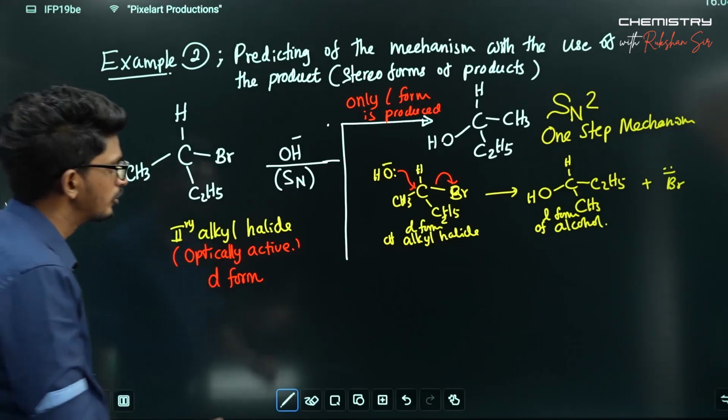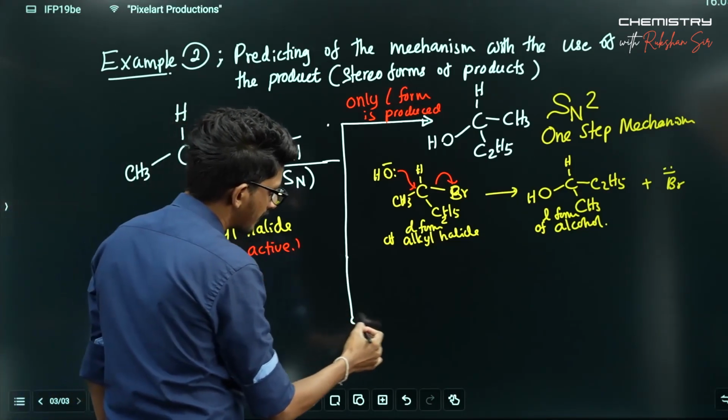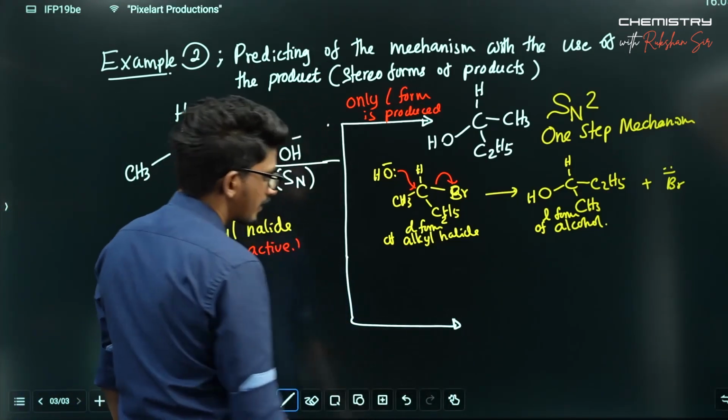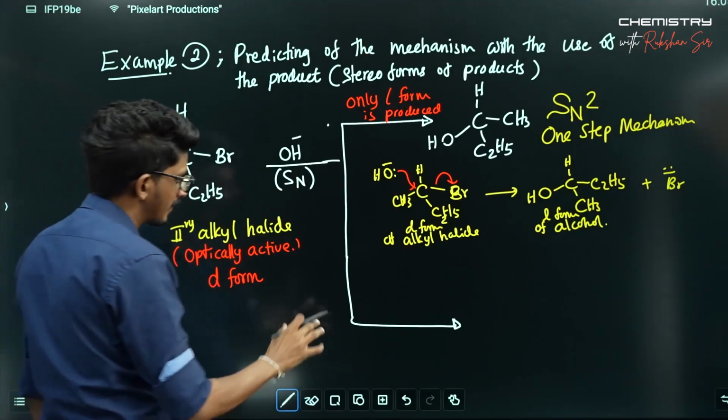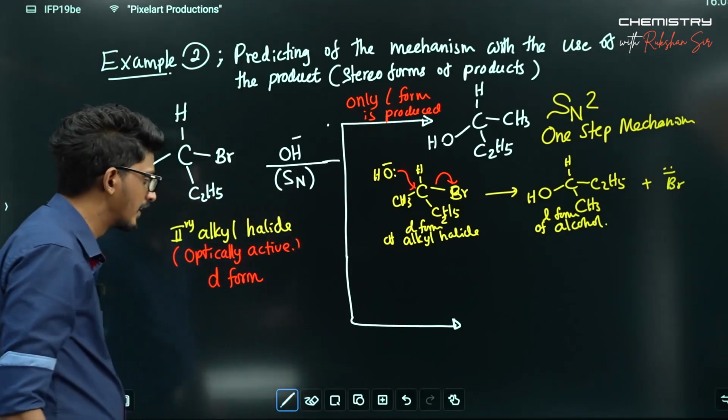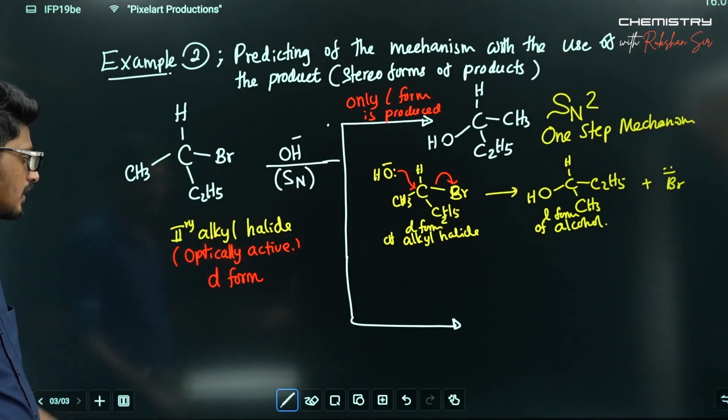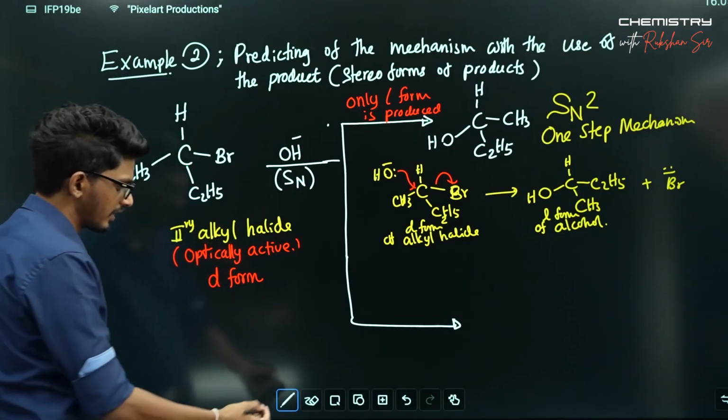If the two-step mechanism is used, definitely you will come up with a mixture of D and L forms with this kind of optically active alkyl halide.